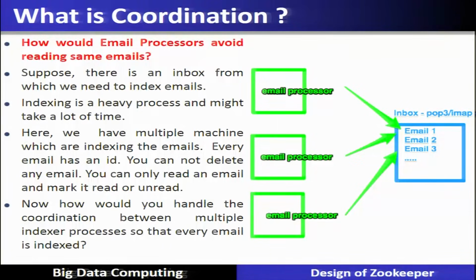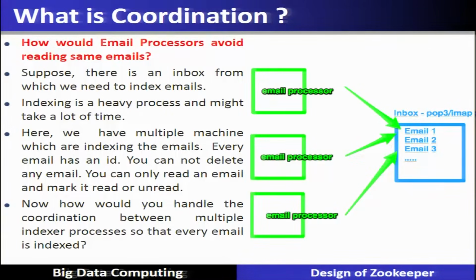Let us understand the email processors and how these email processors avoid reading the same email using the coordination service. Suppose there is an inbox from which we need to index emails. Indexing is a heavy process and might take a lot of time.